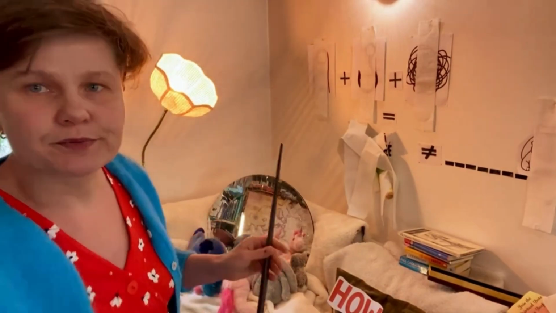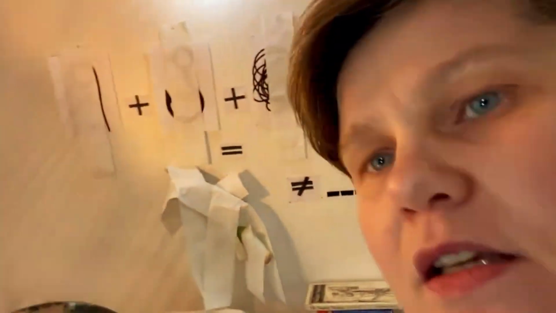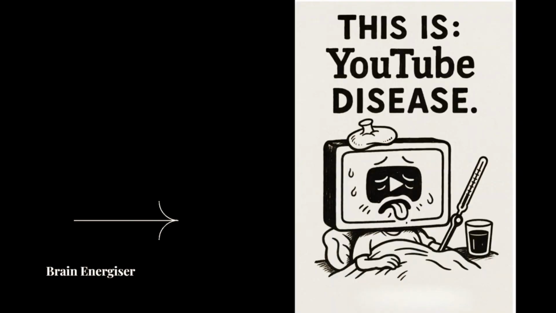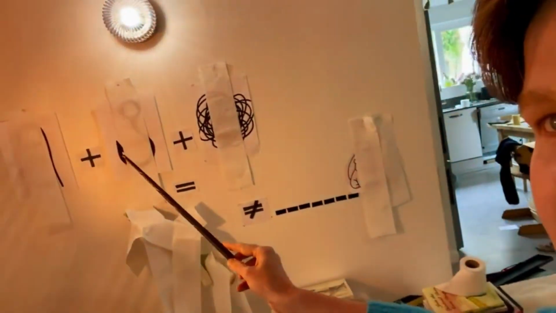Okay, but we need to start. So children, have a look at the moment at this board. Let me just make sure that you can see it very clearly. If you look at this board from a distance, there are a few elements here. And shall we start from discovering what is the first one?